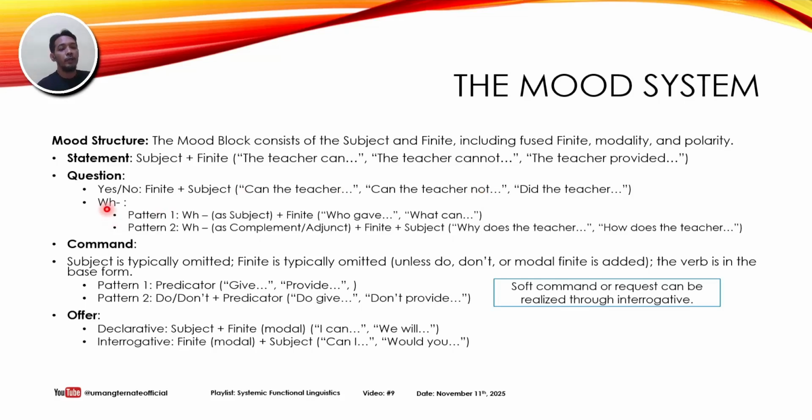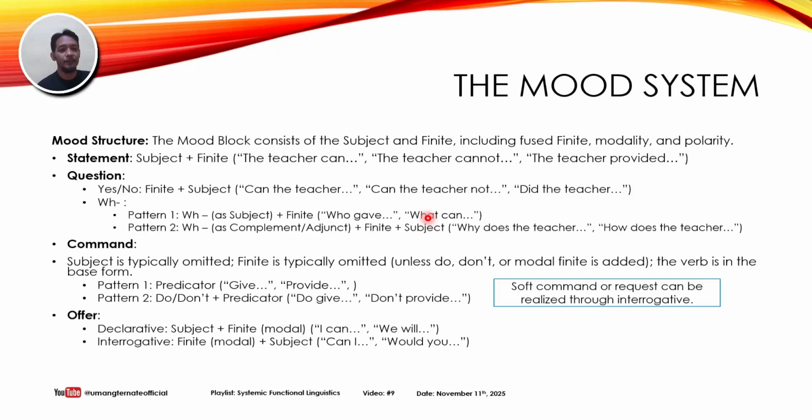And then the second one is the WH question. There are two patterns under this question type. The first one is the WH as the subject plus finite, like who gave the feedback, or what can the teacher do.